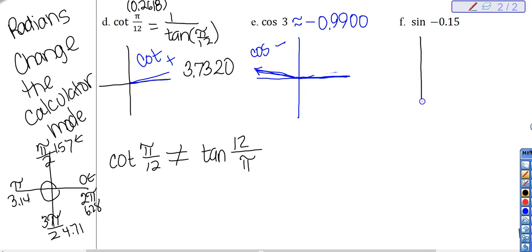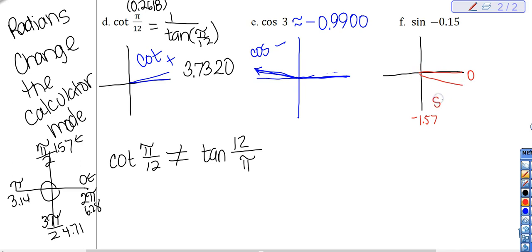Okay, last one. Here we go. Sine of negative 0.15 radians. So where does my terminal side lie? I have to rotate downwards, right? And that's not very big, right? Here's 0. Here's negative 1.57. So it's right here somewhere.